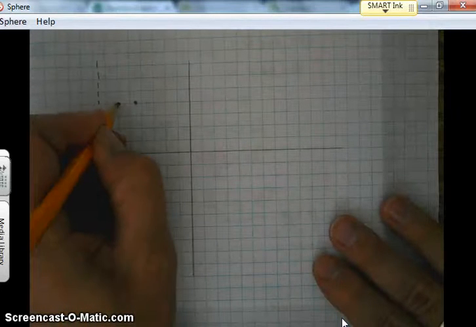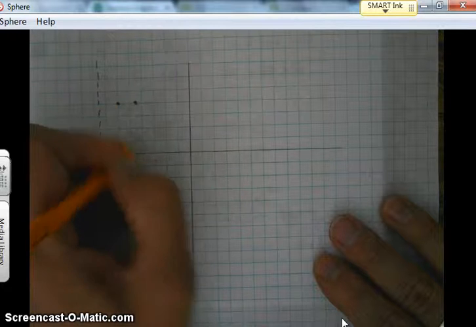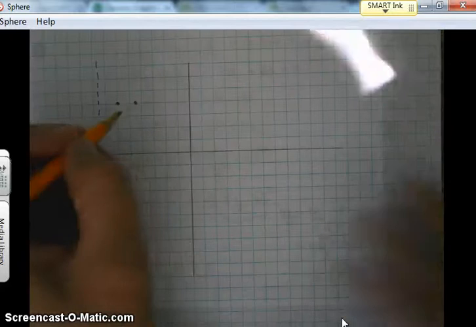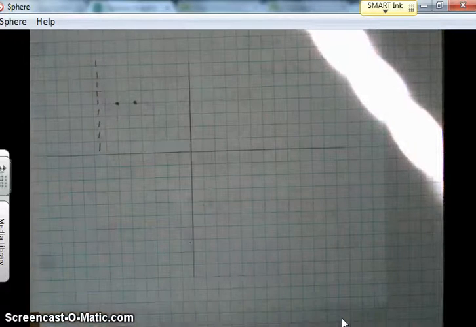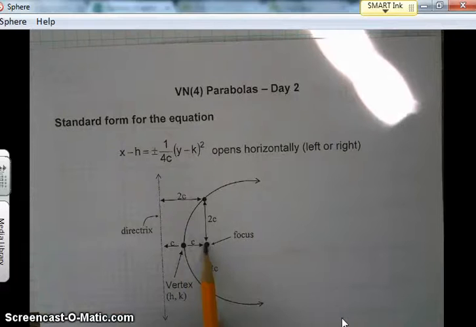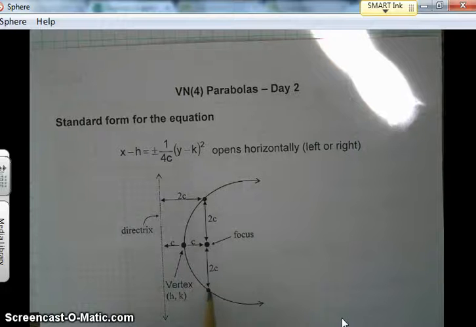Now here's something new. In the previous two notes, I said just to sketch a parabola, right? Well, now we know something new, don't we? We know that if we go c units in, we would go twice that many to reach the parabola, and twice that many the other direction to reach the parabola.